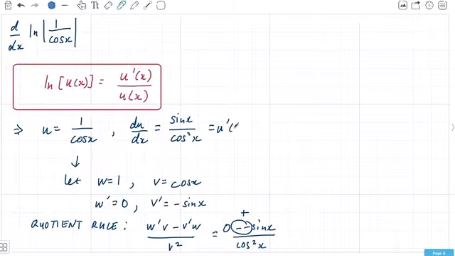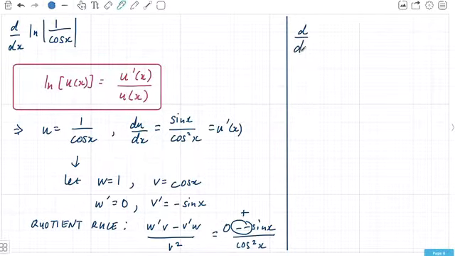So to finish off our question here, we're trying to differentiate a log, and we had a function inside that log. So the derivative of the log of 1 on cos x equals the function itself underneath the fraction.